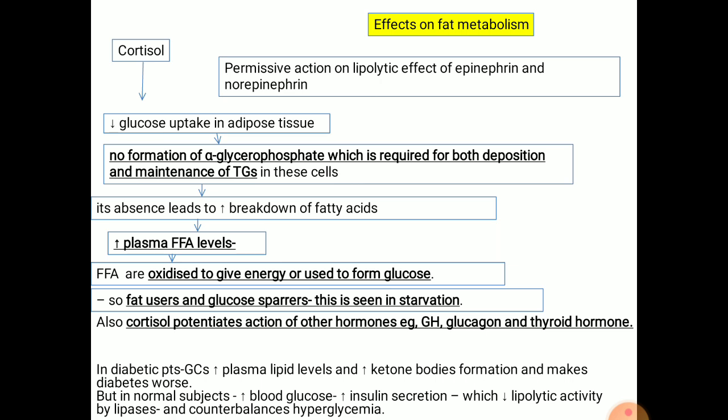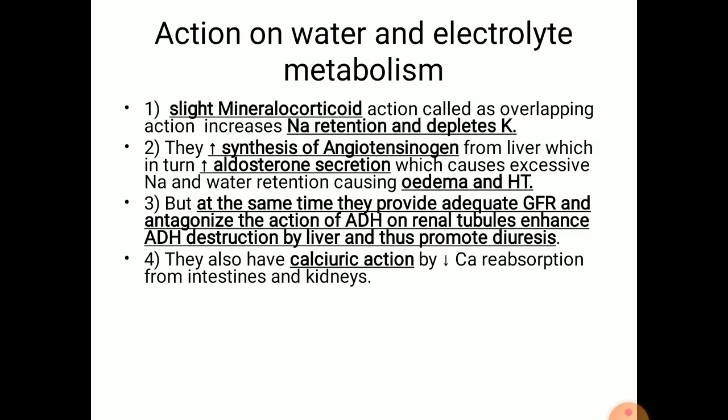Increased blood glucose concentration causes increased insulin secretion, which decreases the lipolytic activity by the lipases, and that counterbalances the hyperglycemia. The insulin has the main action of hypoglycemia, so it decreases the blood glucose concentration if it is increased. So here in the normal subject, it is a balanced effect of the cortisol and insulin.